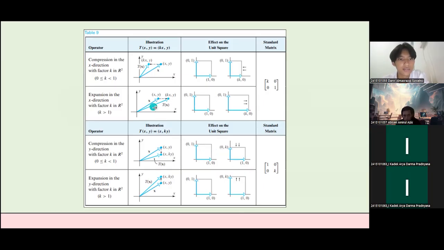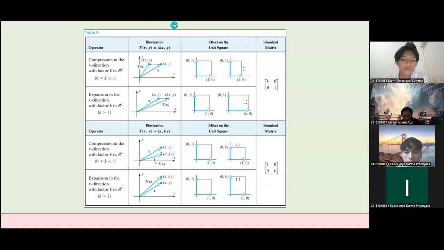So let's take a look at the table. Start with the transformation along the x direction. We can see from the illustration here, T(x, y) equals (kx, y). What does it mean? Only the x coordinate changes, and the y coordinate remains the same.